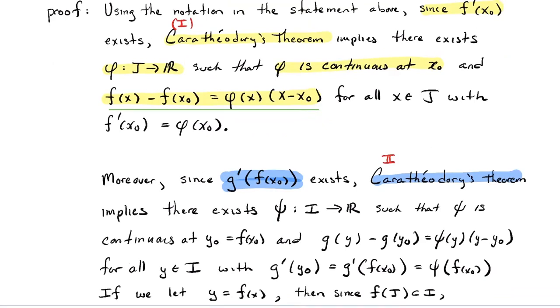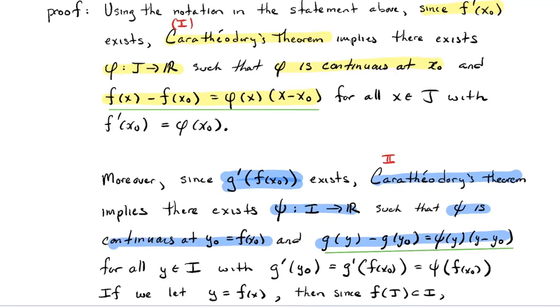I can't call it phi again, so I'm going to call it psi. It's defined on the same interval that g is. Psi is continuous at f of x naught, which I'm going to denote by shorthand y naught. Okay. And the Theodore equation holds that the difference in g's is psi times the difference in the y's. So this again is by the equation 1 up there, highlighted in green at the top of the lecture. I'll underline it in green here.